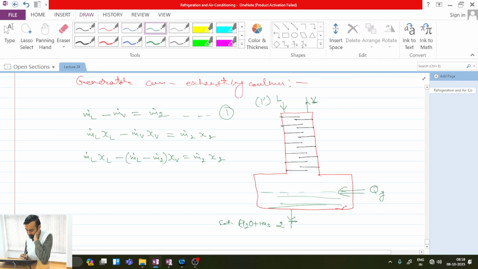So from here, m dot L into XL minus XV is equal to m dot 2 into X2 minus XV.